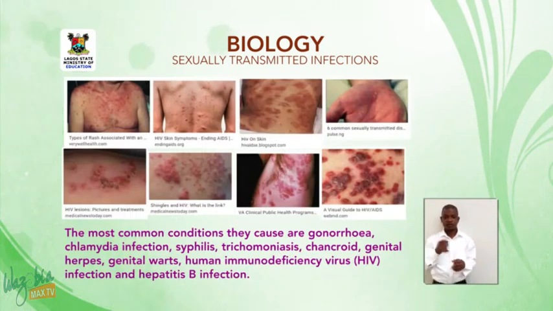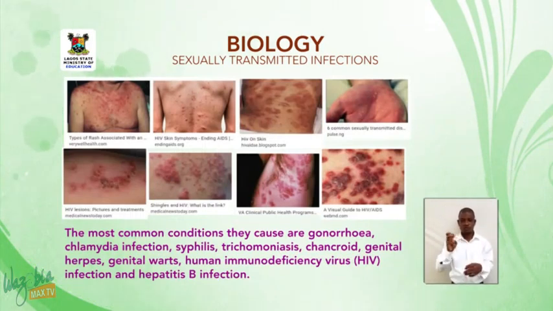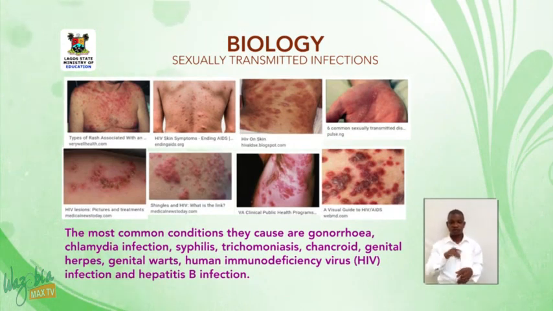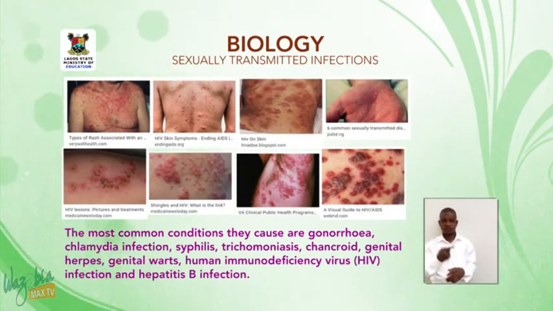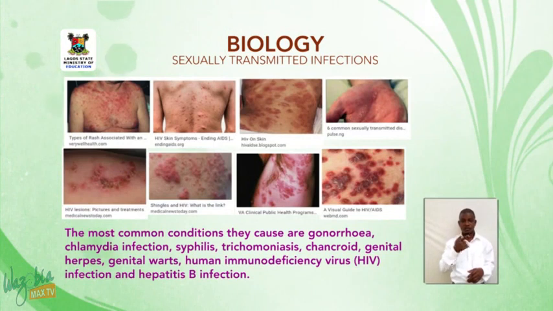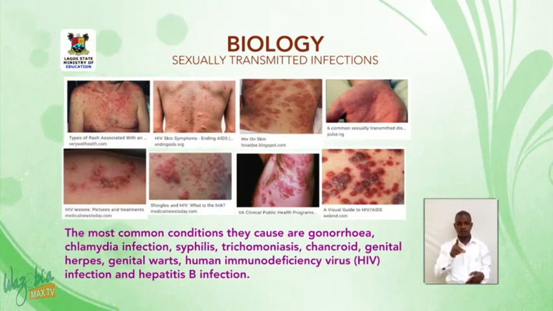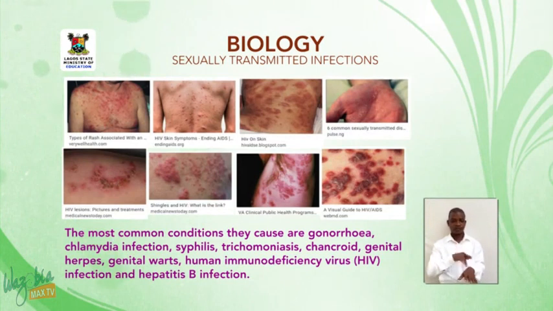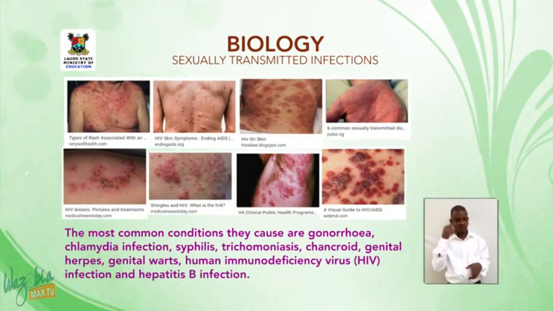The most common conditions they cause are gonorrhea, chlamydia infection, syphilis, trichomoniasis, chancroid, genital herpes, genital warts, human immunodeficiency virus infection, and hepatitis B infection. You shall be looking at some of them.